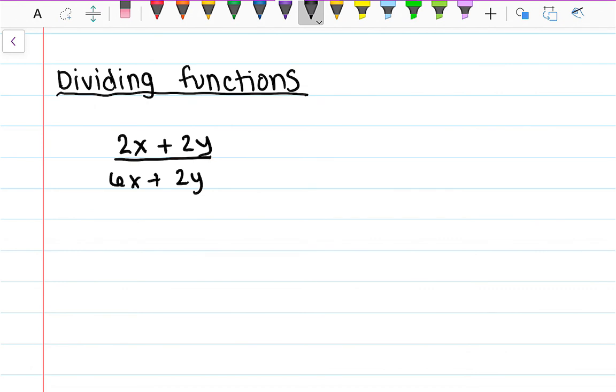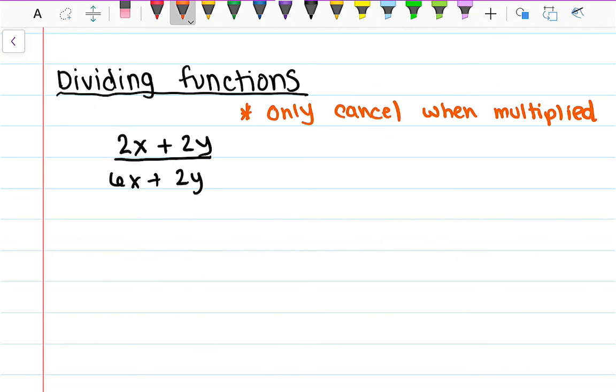And I hope you did not say yes. Since the top and bottom are being added, I can't cancel. I can only cancel if they're being multiplied. So I'm going to put a note right here: only cancel when multiplied. That's the only time you can cancel.